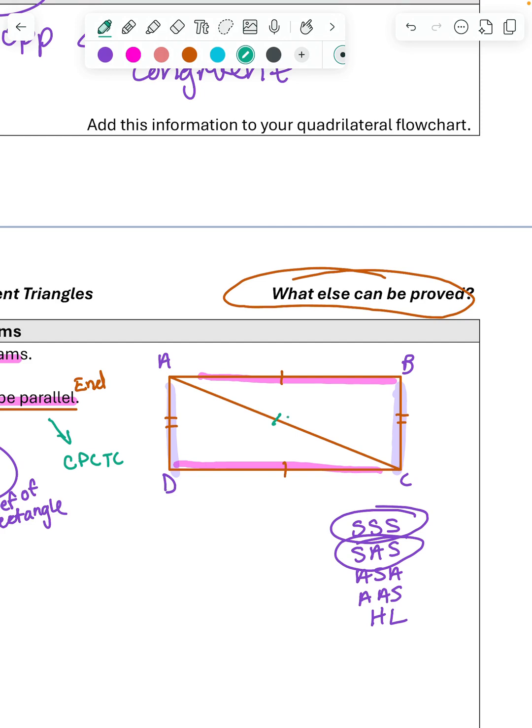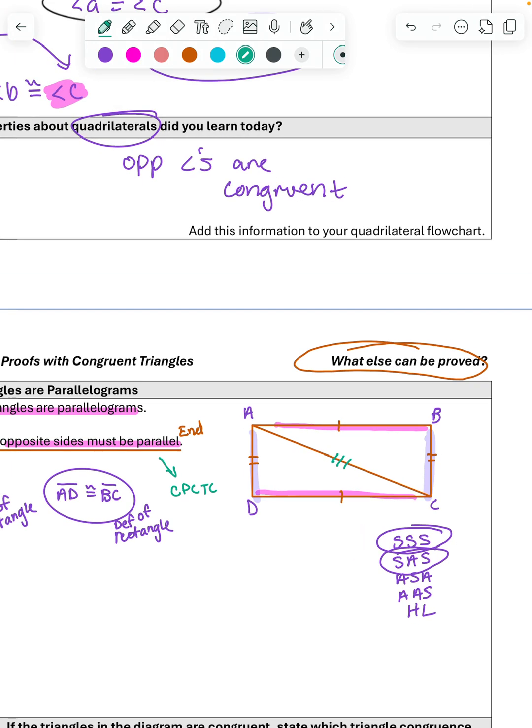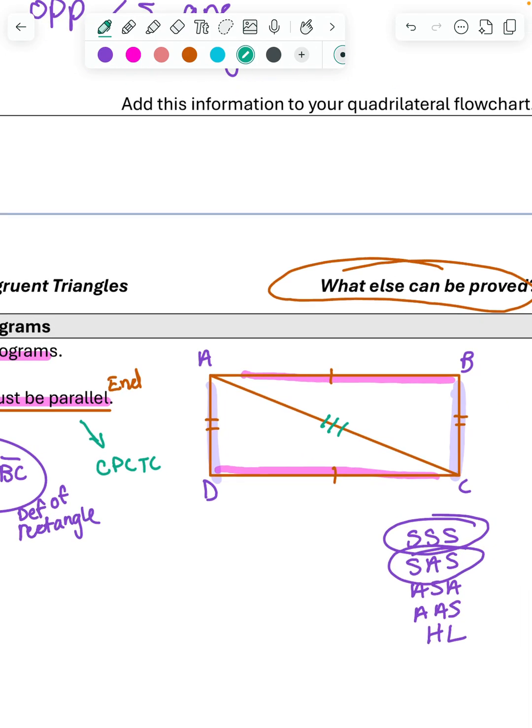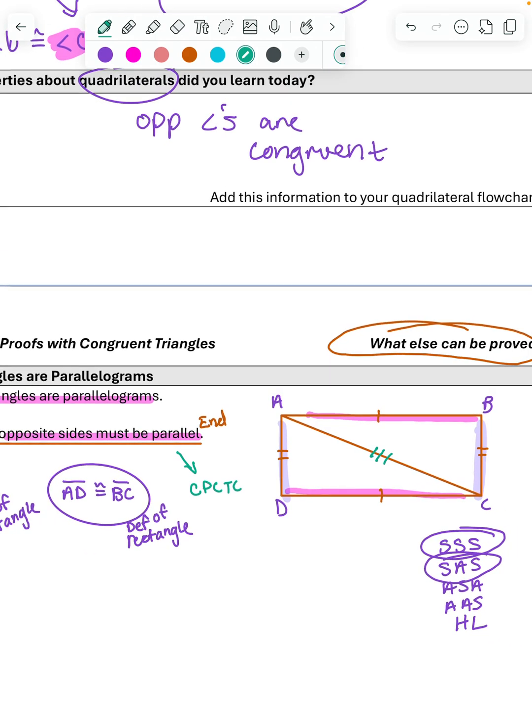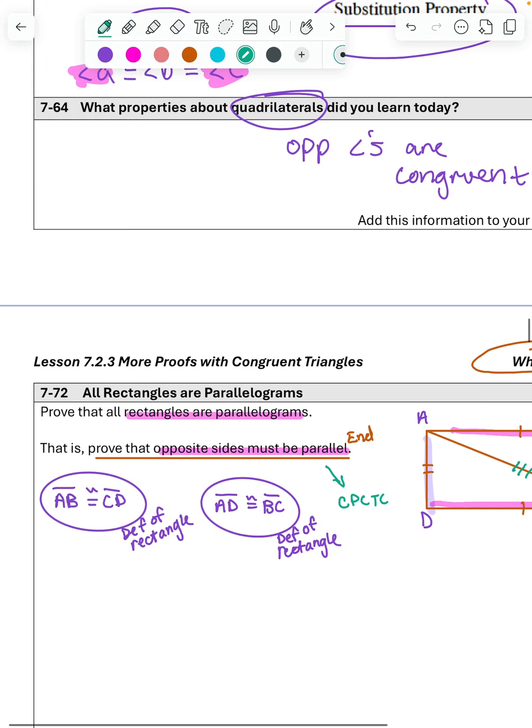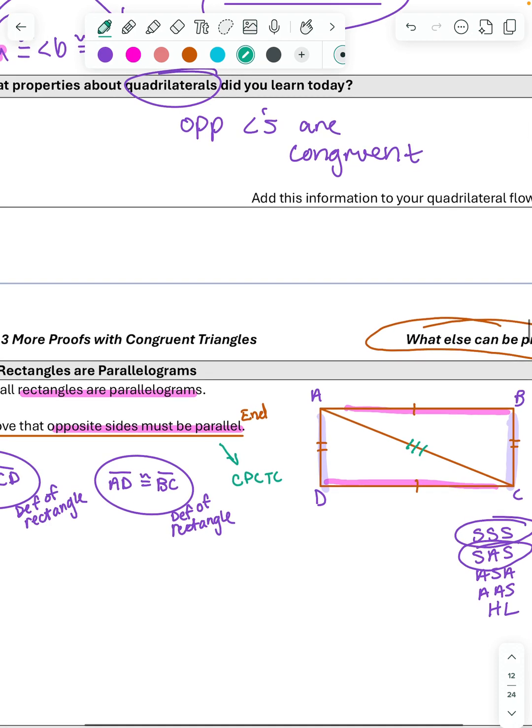One thing that stands out to me, this is one of my favorites, is when there's a shared side that we have been starting to call the reflexive property, and I have that as side AC here. So I think I'm going to use side, side, side to prove that these triangles are congruent. I'm going to add that in here as another bubble.